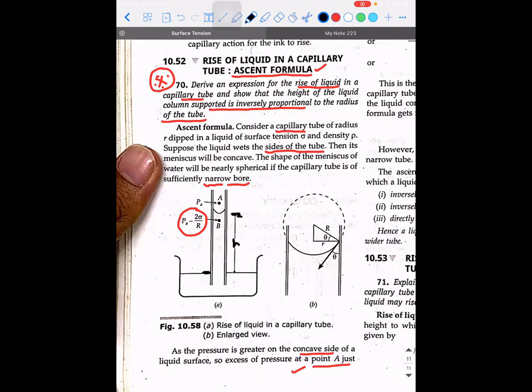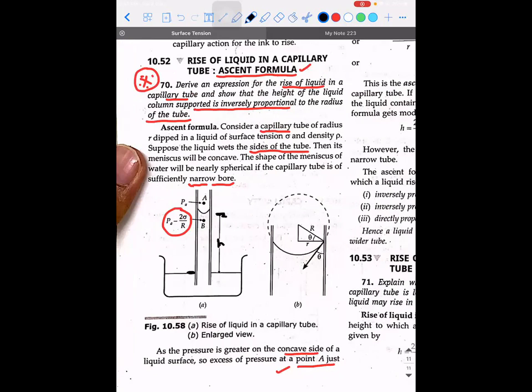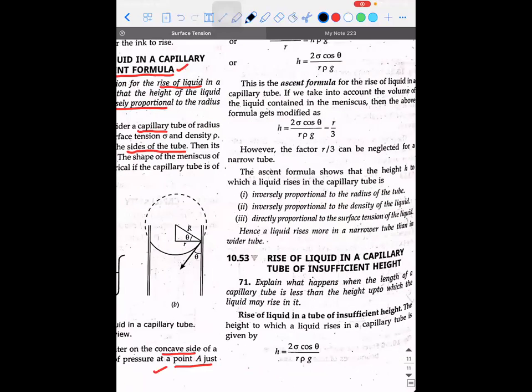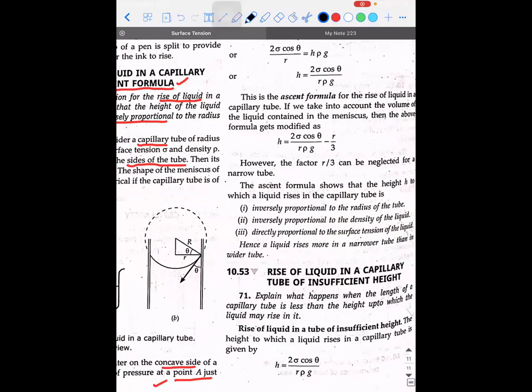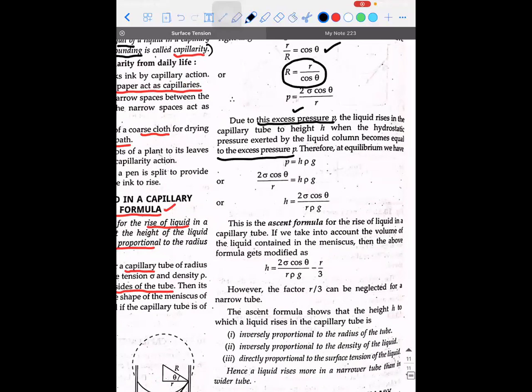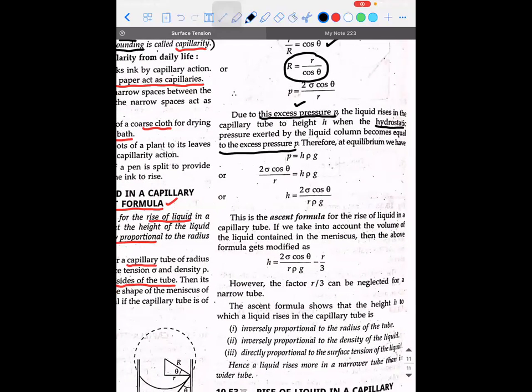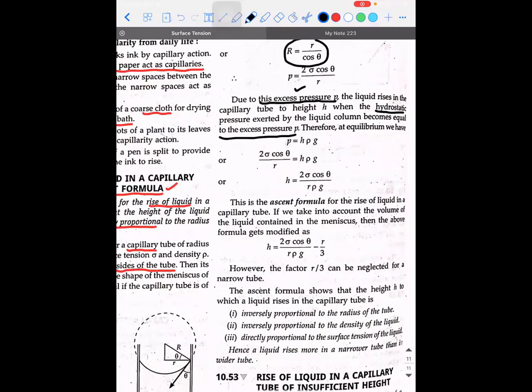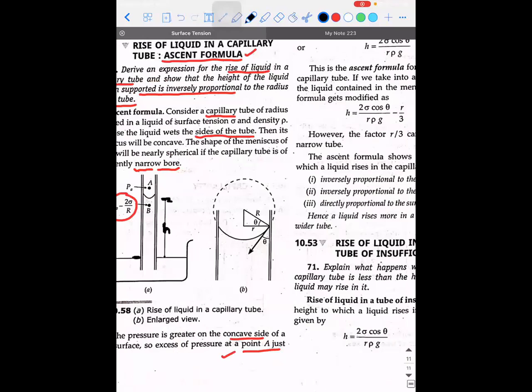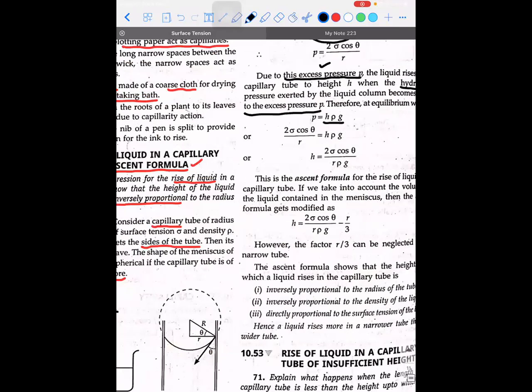And why is it happening? What is the reason behind the liquid rising? There should be some pressure. It is the excess pressure that is present that causes the liquid to rise. When the excess pressure becomes equal to the hydrostatic pressure, the pressure due to the height of the liquid column, it is going to give us rho gh.